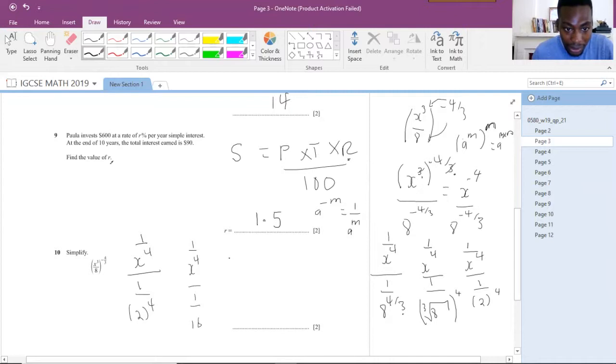We change it to multiplication: 1 over x to the power 4 multiplied by 16 over 1. The answer will be 1 times 16 will be 16, and x to the power 4 multiplied by 1 is x to the power 4.